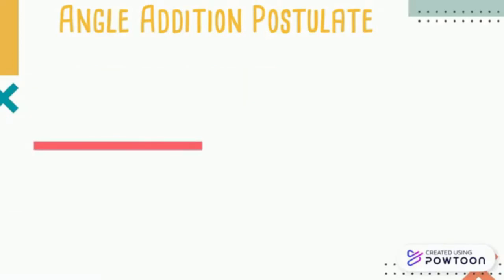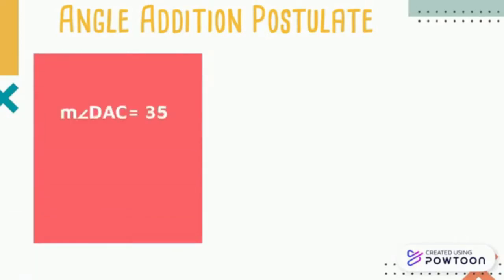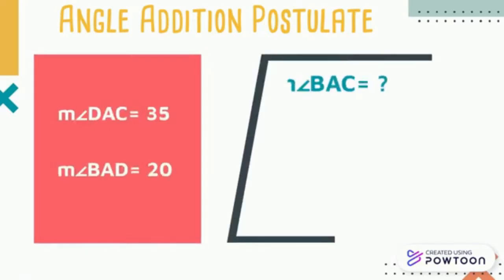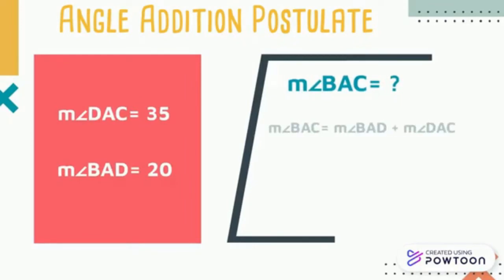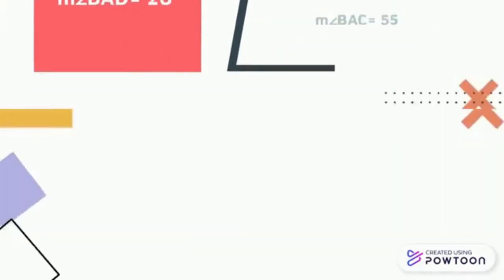For example, we have angle DAC that measures 35 degrees and angle BAD that measures 20 degrees. To find angle BAC, we must add angle BAD and angle DAC. We have 20 plus 35. So, the measure of angle BAC is 55.